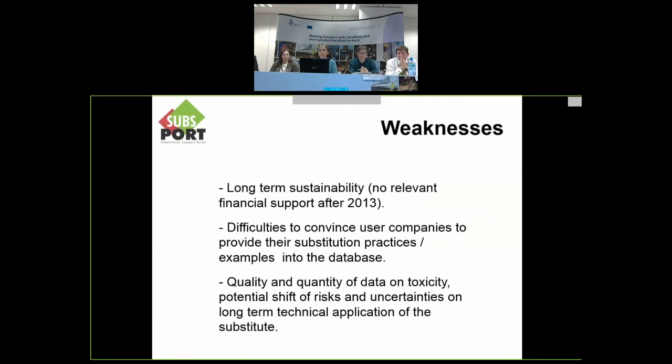Weaknesses: the long-term sustainability. We were unable to find any relevant financial support after 2013. Isabella will talk later about the future of the tool. It was, and is, very difficult to convince user companies to provide their substitution examples.